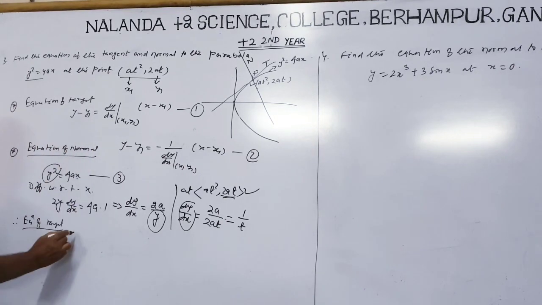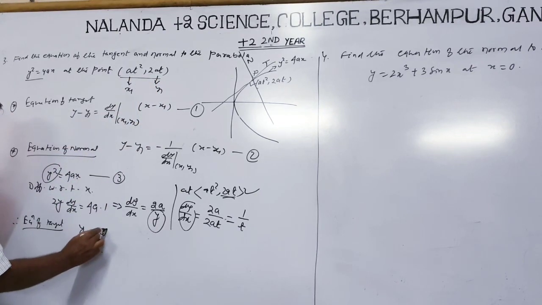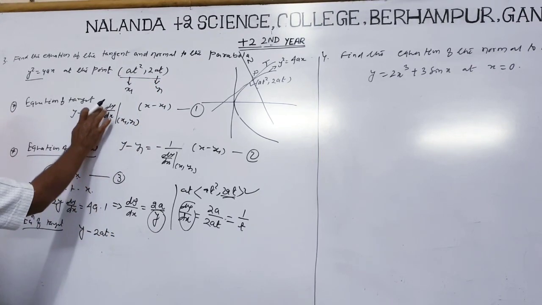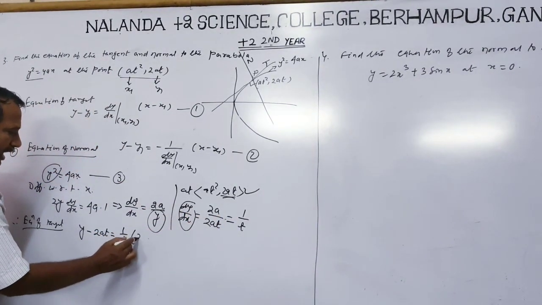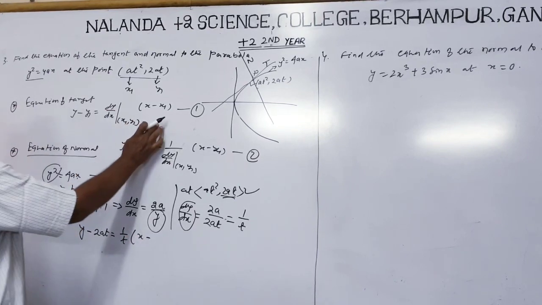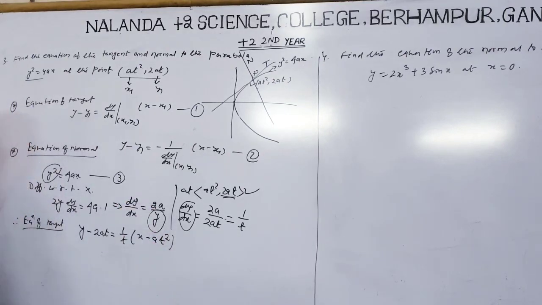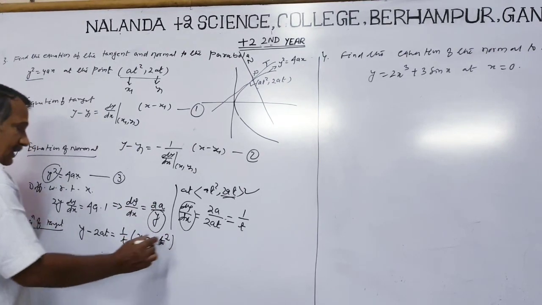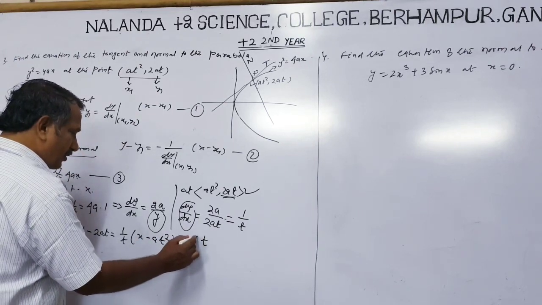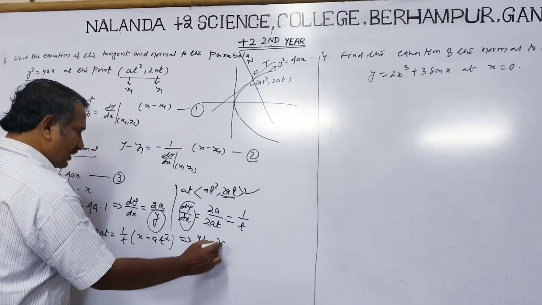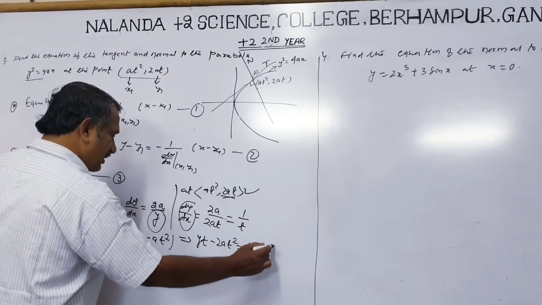y minus y1, what is the y1? This is the y1, 2at. dy by dx is 1 by t, into x minus x1. What is x1? Equal to at square. Now on simplification, by multiplying by t, yt minus 2at square equals x minus at square.